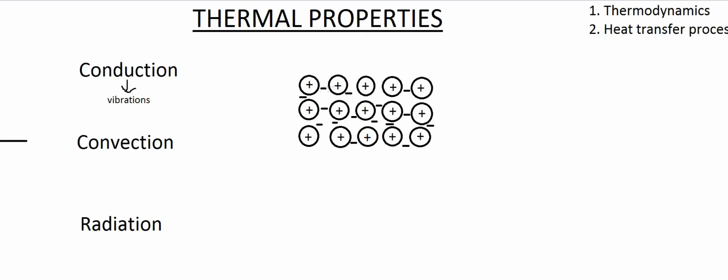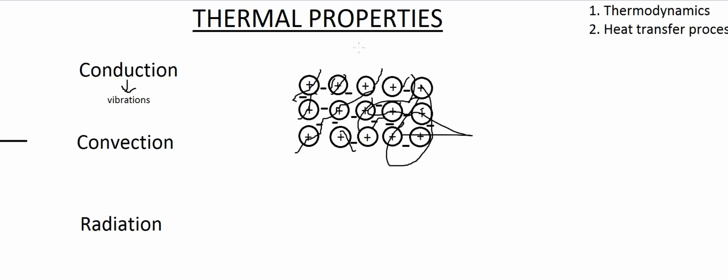The delocalized electrons can transmit heat energy to other cations very easily. So let's say this starts vibrating, then the electrons transmit the heat energy, so this will start vibrating, and pretty soon this will start vibrating too. So basically this is how the energy transmits through a metal.